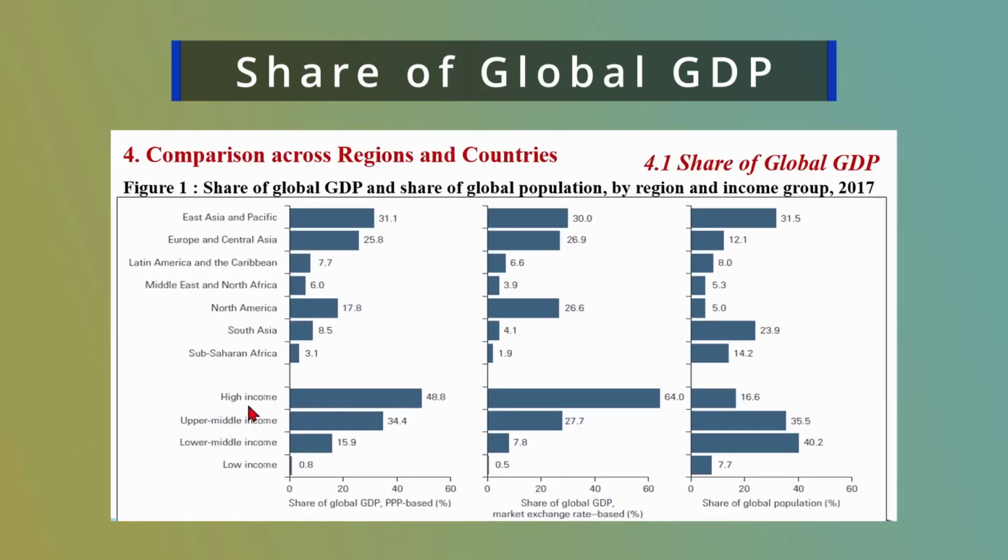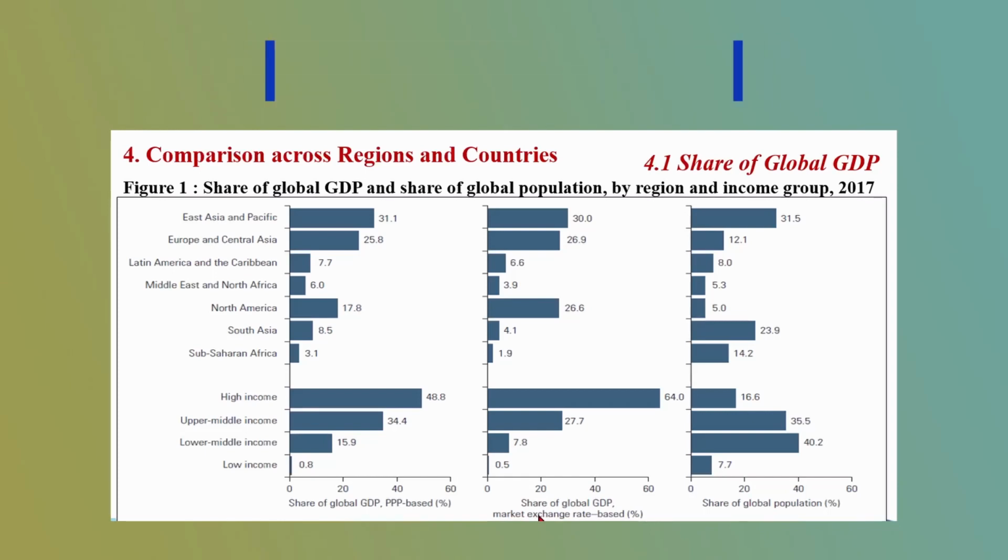First of all, we consider the high income countries. In case of high income countries, out of the total GDP produced in the world, their share was 48.8%, measured in terms of PPP. And this share was 64% when GDP is measured by another methodology, which is called the market exchange rate based methodology.